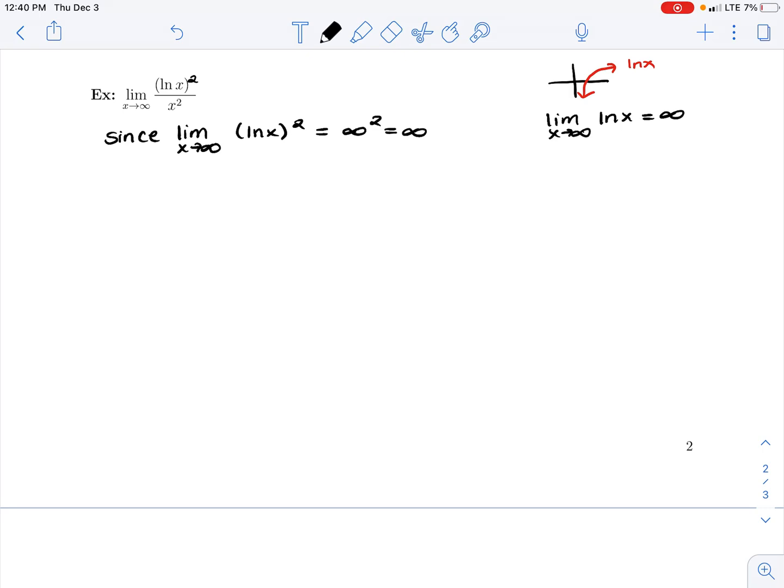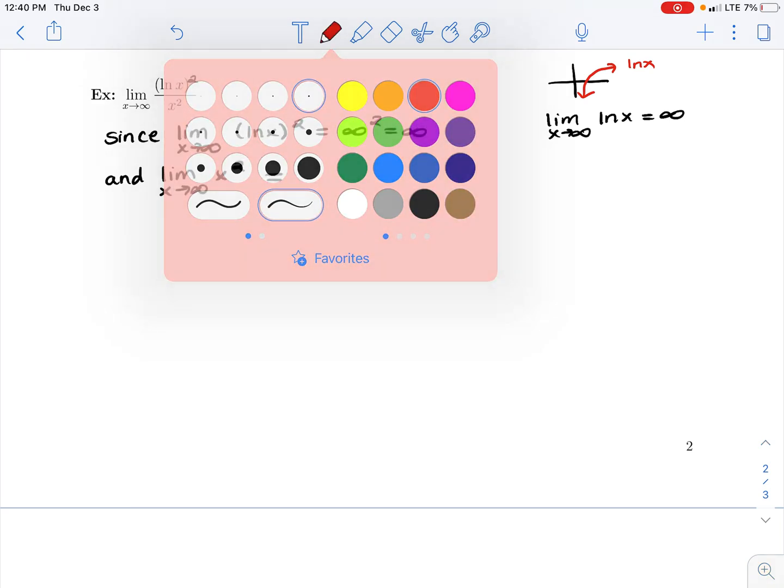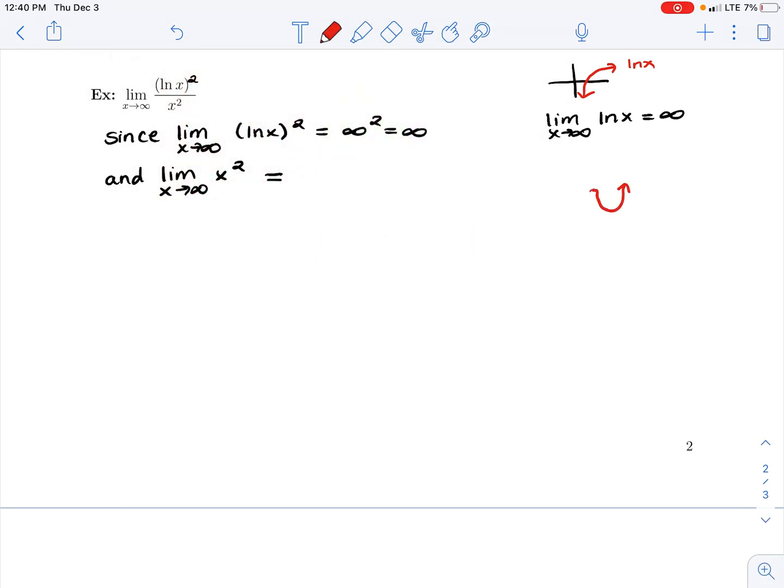Okay, so now looking at the bottom here, I want to look at the limit as x approaches infinity of the denominator. And so we remember, hopefully, that x squared, that's just an upwards U shape. And so what's happening as my x values are getting bigger, so are my output values or my y values, right?